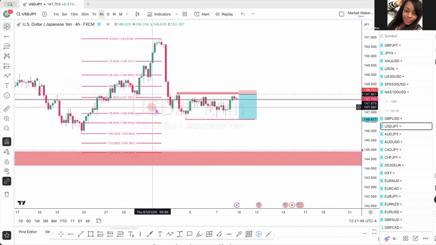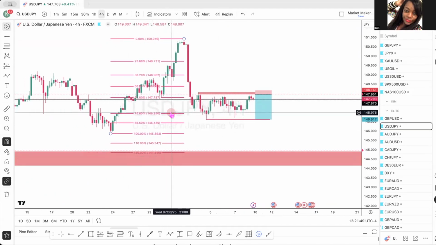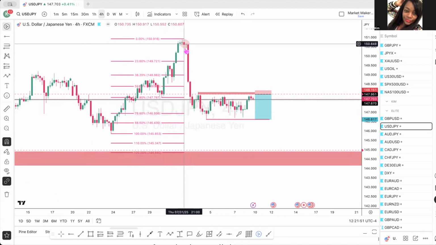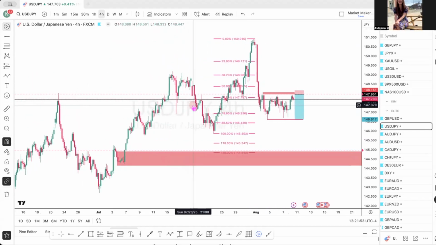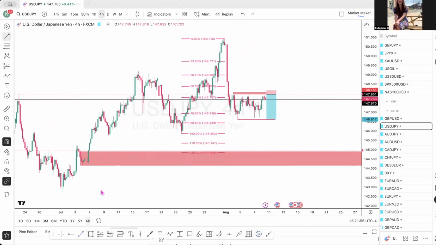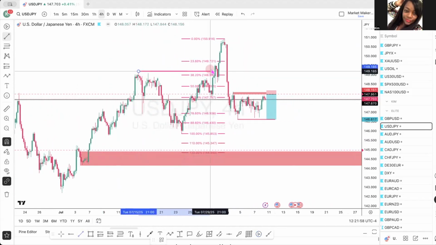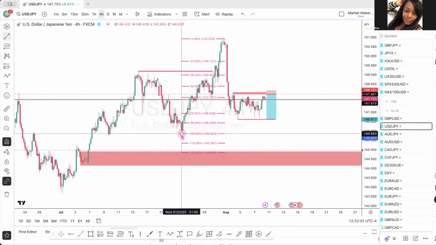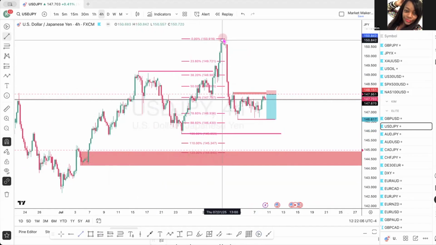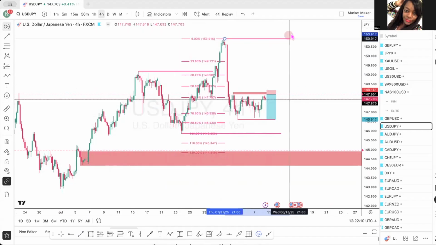So right now we had this move to the downside, right? We had this break of structure here. We have this swing low here, and we have this swing high here. Y'all get what I'm saying.